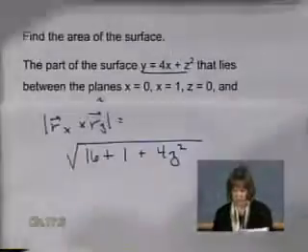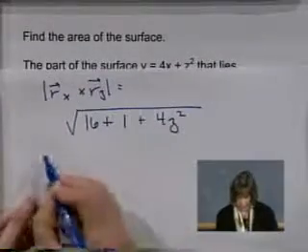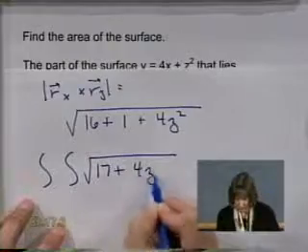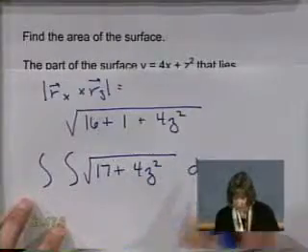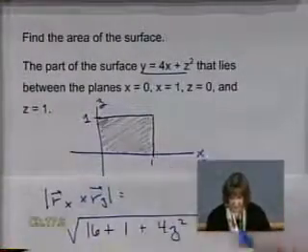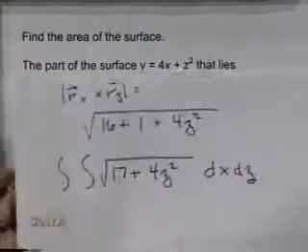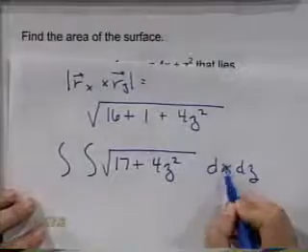All right. So we are integrating the square root of 17 plus 4z squared. We could write it as dx dz or dz dx. Now let's do it dz dx.